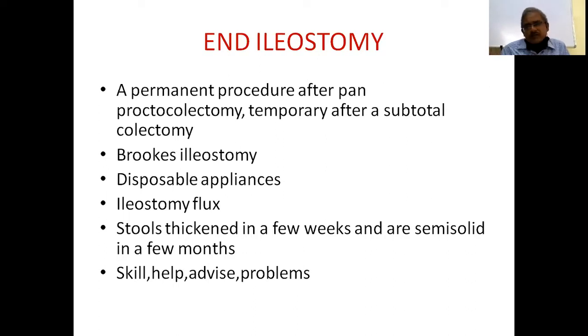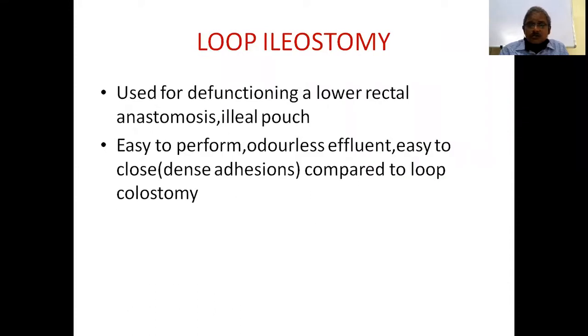But unfortunately, we don't have stoma care nurses everywhere. So it's our responsibility to look after that, anticipate the problems, and explain them to the patient very thoroughly.